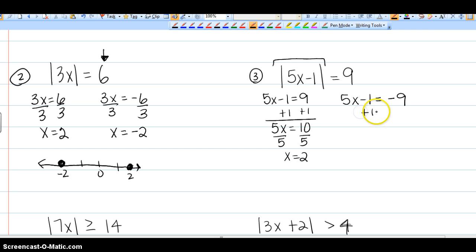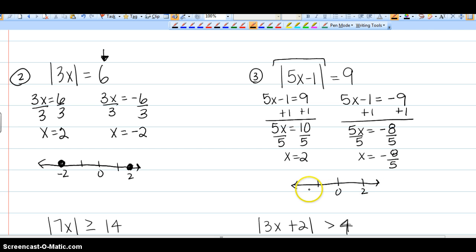Here we're going to add 1. Divide by 5. So x is negative 8 over 5. So you will see on this problem, 2 is here, negative 8 over 5 is on that side.